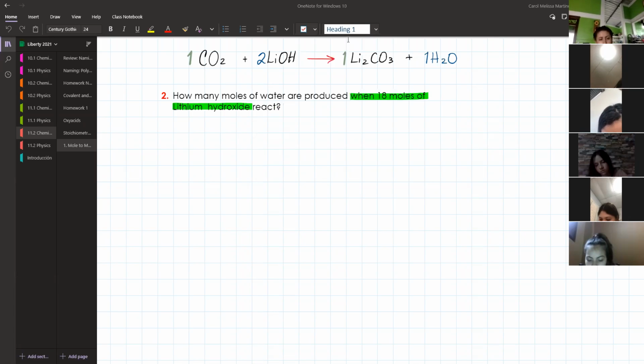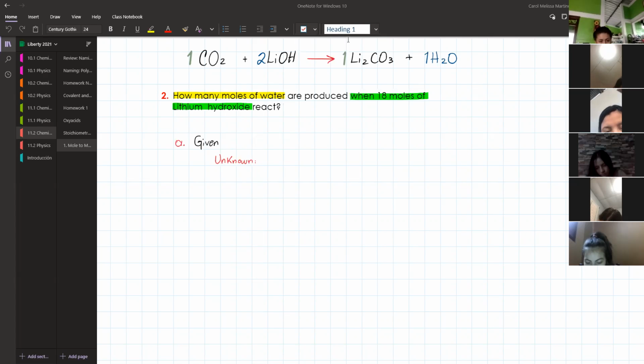And about the water, this is going to be my unknown because I want to know how many moles of water are produced, okay? So in the first part, what I'm gonna do is listing the givens, okay? In this given, I always begin with the unknown for the structure that we have in the sentence. But it's okay, you can write the two in the order that you prefer.